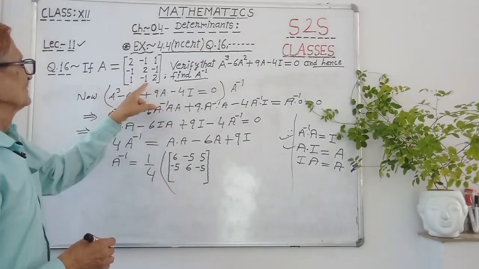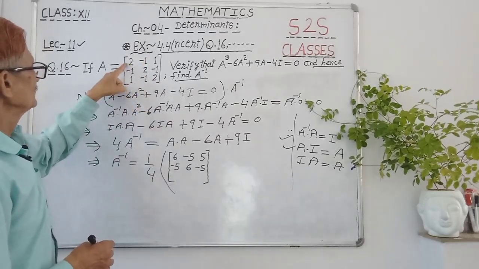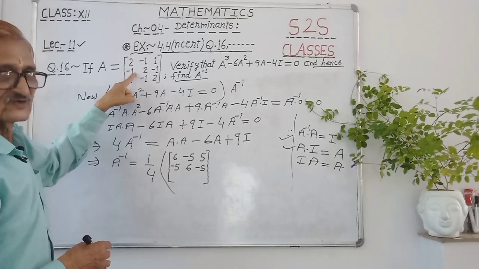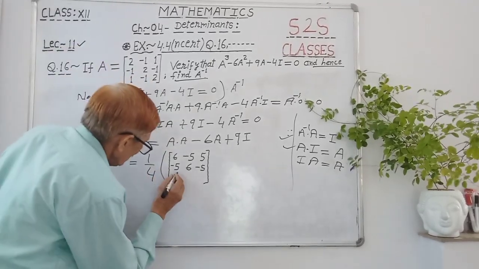Then third row with first column: 1 into 2 is 2, minus 1 into minus 1 is 1, 2 1 3, and 2 1 is 2, then 5.